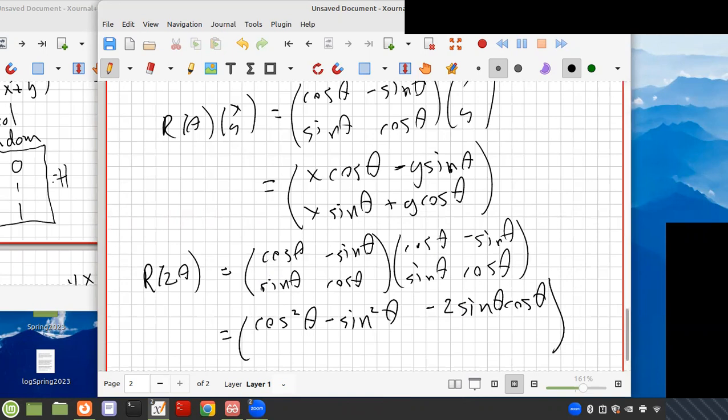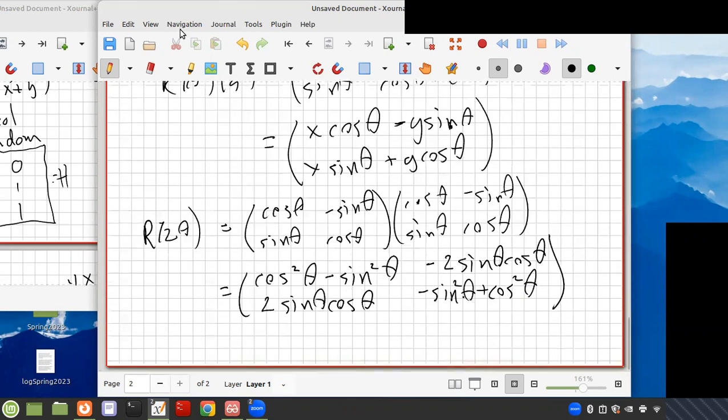And then down here, it will be sine theta cosine theta plus cosine theta sine theta, which is 2 sine theta cosine theta, because they're the same terms. And over here, the second row times the second column will be minus sine squared theta plus cosine squared theta. You notice these are the same thing, I just wrote them differently, okay?